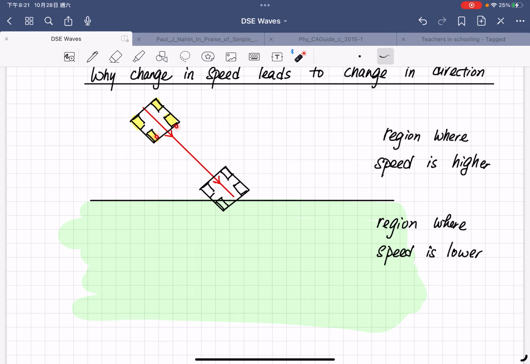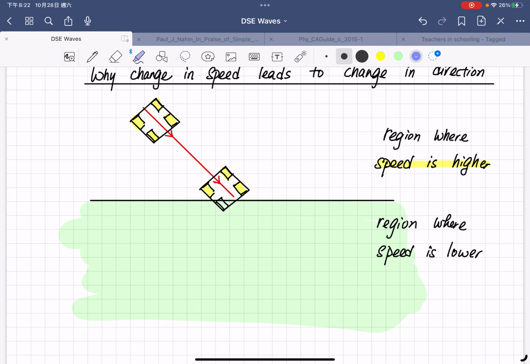Since these 4 wheels are in the same region, they will travel at the same speed, so the car will just move forward. However, as this car meets the boundary, these 3 wheels are in a region where they can go at a higher speed.